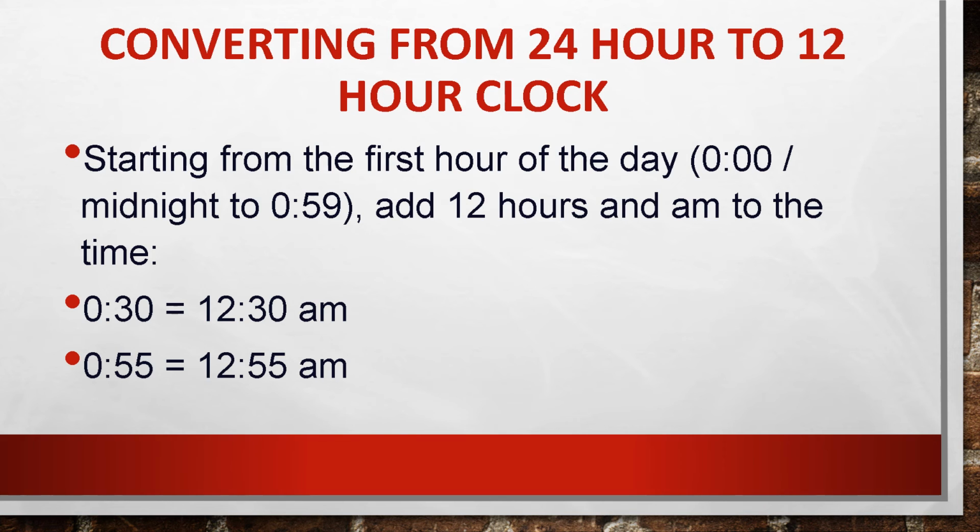Now let me explain how to convert from 24-hour time to 12-hour clock time. Starting from the first hour of the day, that is hour 0 at midnight, to 0 hours 59 minutes, you have to add 12 to the hours and write AM there.